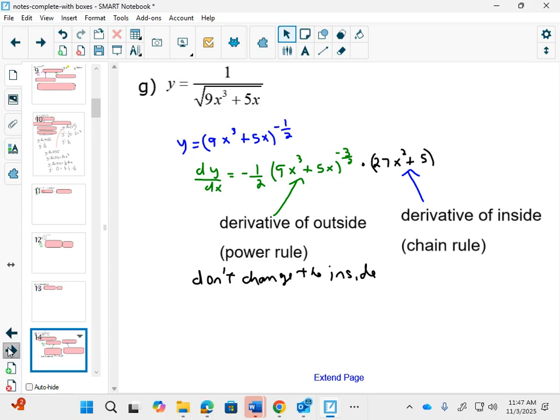I find with my product rule, quotient rule, and chain rule, every time I do them, I say the words. Like, derivative of the outside function, keep the inside the same, multiply by the derivative of the inside function.